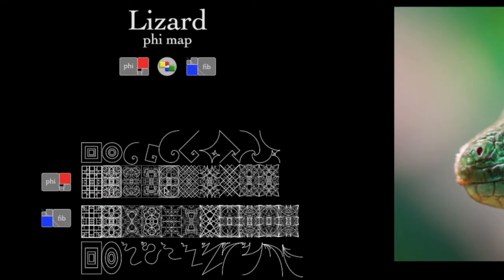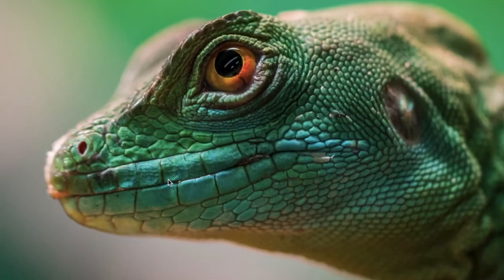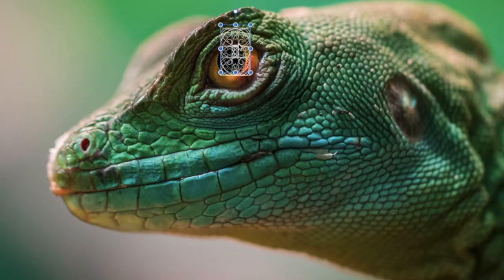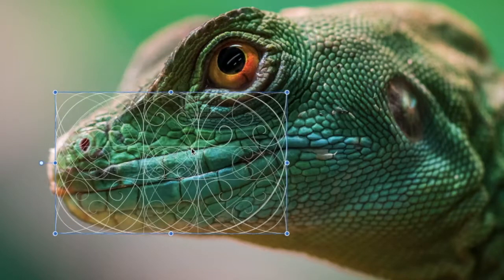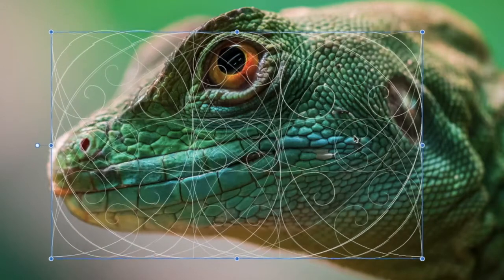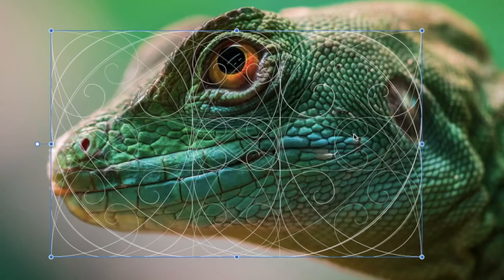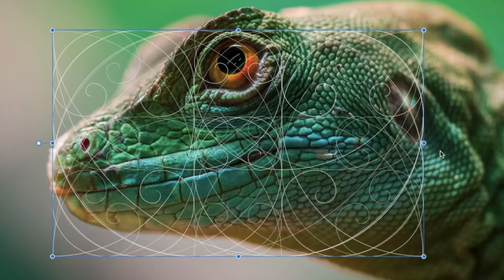Okay, let's try the phi spiral map. That works sometimes. And then we'll try some just basic circles and whatnot. Okay, that is theoretically level to the ground.